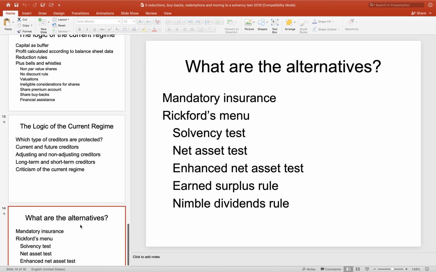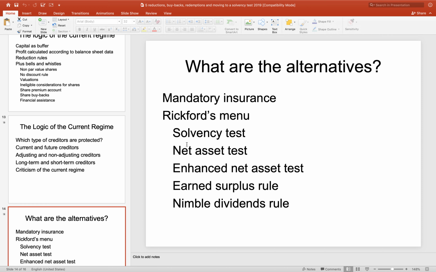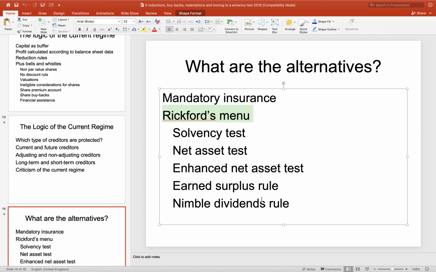So here are the alternatives, and that's from the Rickford paper, so you've got his menu there. And the question to you is, which one works best? What are the advantages? What are the disadvantages? And should we forget about the distribution rules and have a solvency test? Or should we have maybe both?